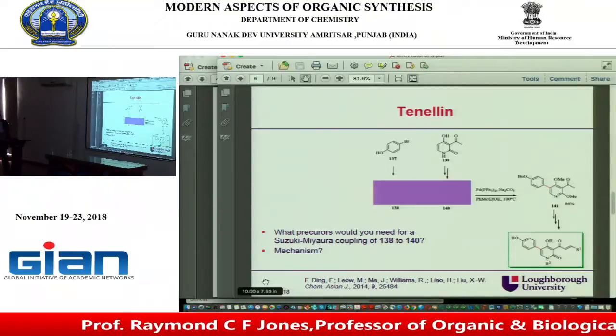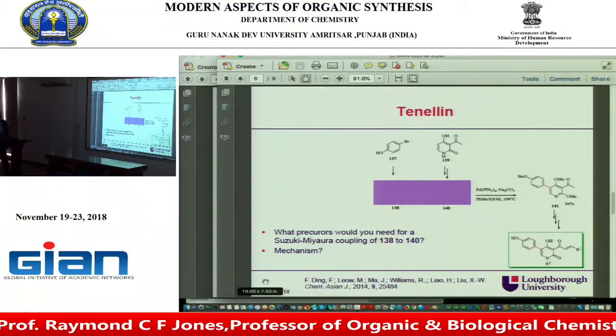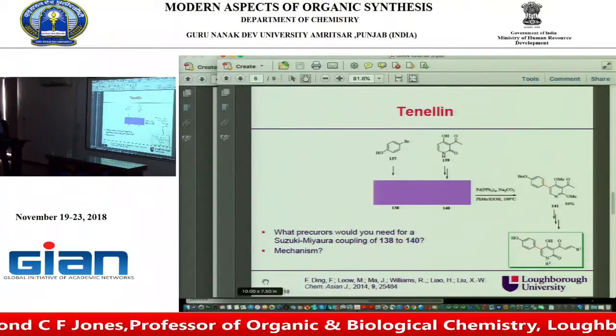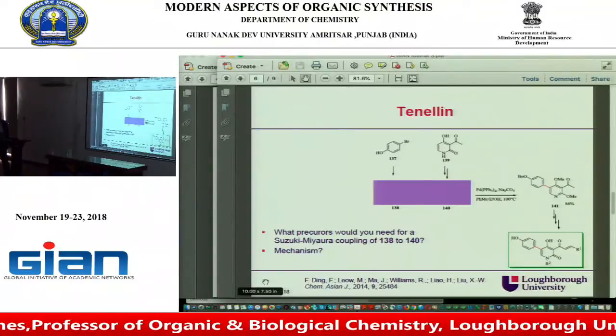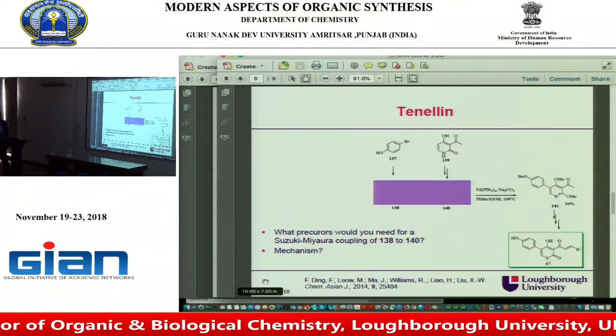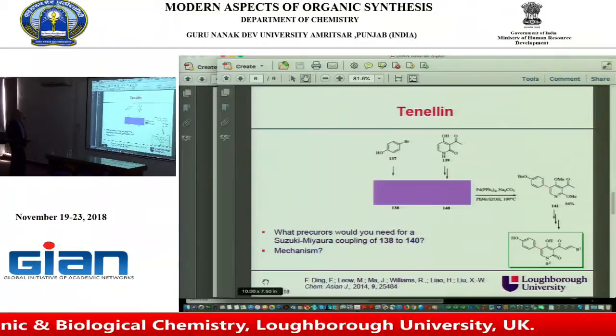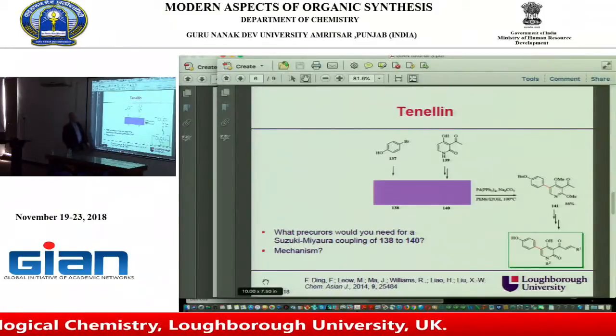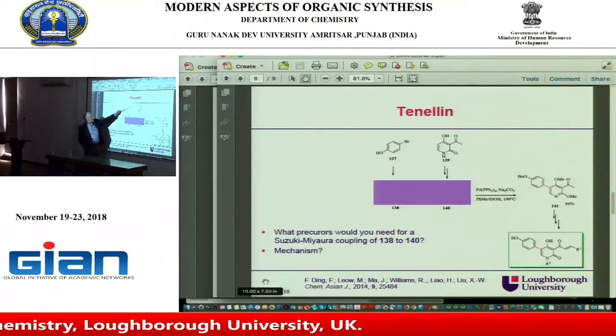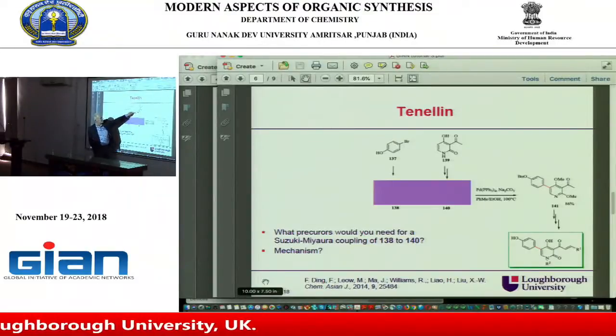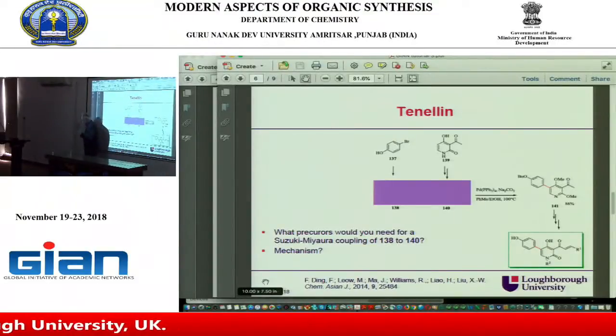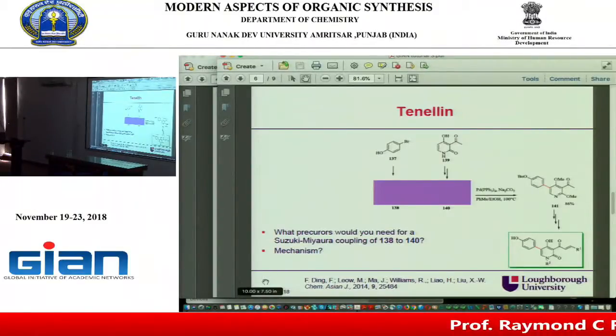So what would be the two components you would need to do that via a Suzuki-Miyaura coupling? In fact, it's something you can make in a single step from here and in 2 steps from there for the 2 components. So it's another coupling reaction.